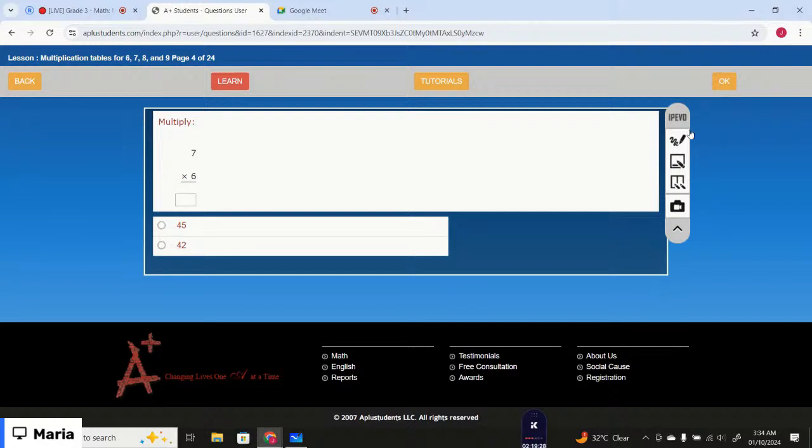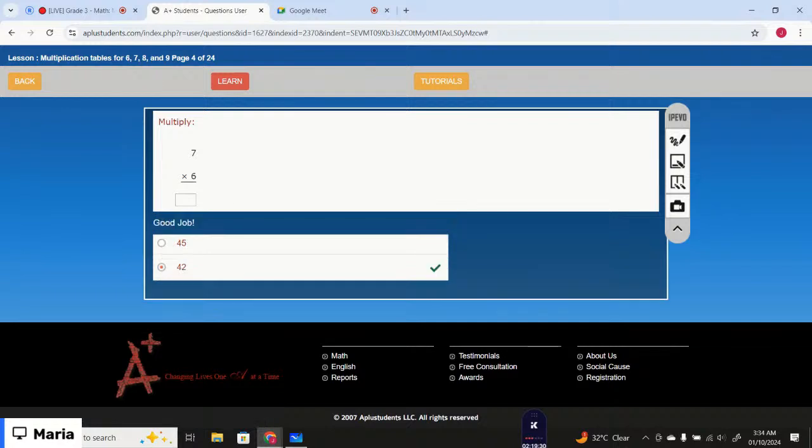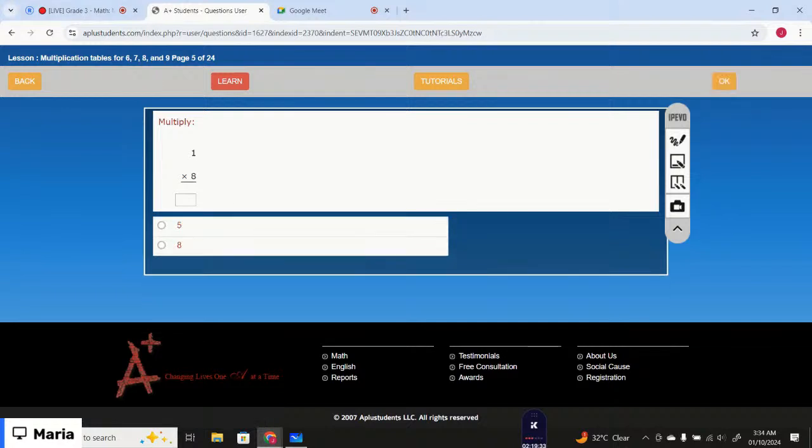Option number 2 is the correct option. Multiply 1 times 8, which is the correct option. That is 1 times 8 is 8.